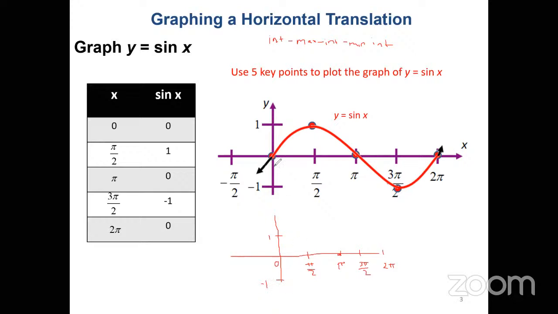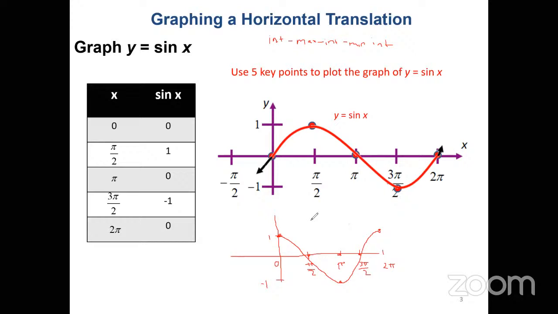Sine starts at 0, cosine starts at 1. Max, intercept, min, intercept, max. It looks like this. So sine is intercept, max, intercept, min, intercept.